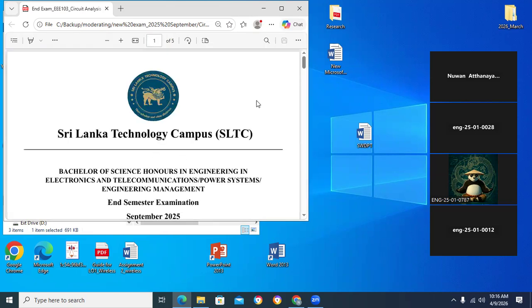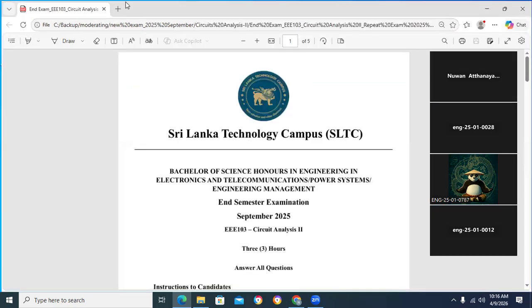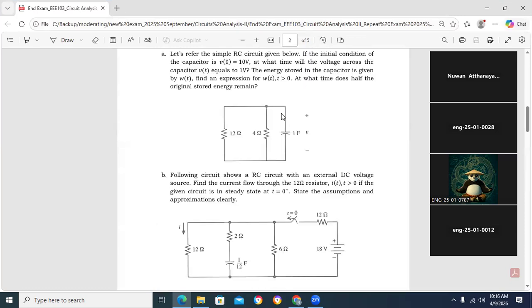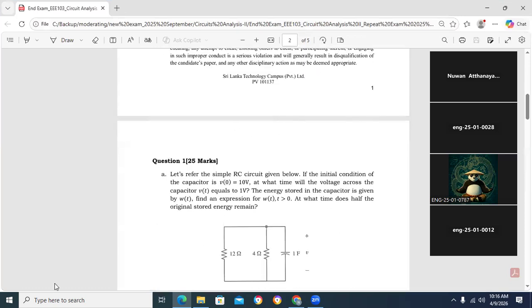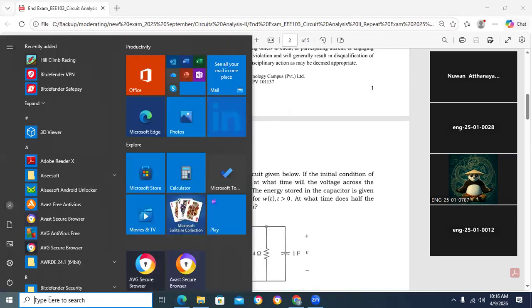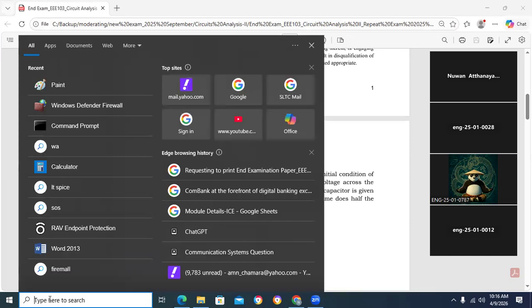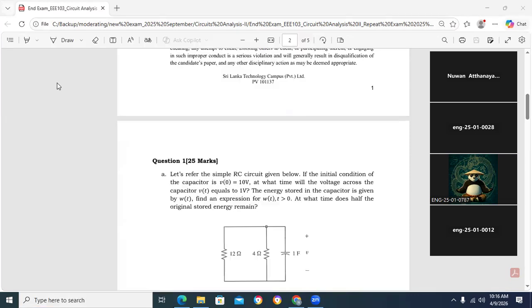Actually, this question paper has around 4 questions. But you know that our module is a 1 credit module.